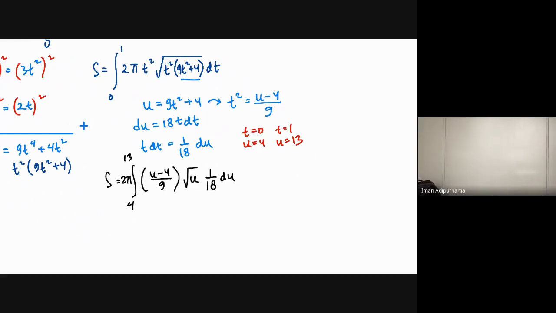So tdt is from t squared dt going outside. So tdt, I will substitute with this directly. And square root of 9t squared plus 4 is square root of u. Okay.